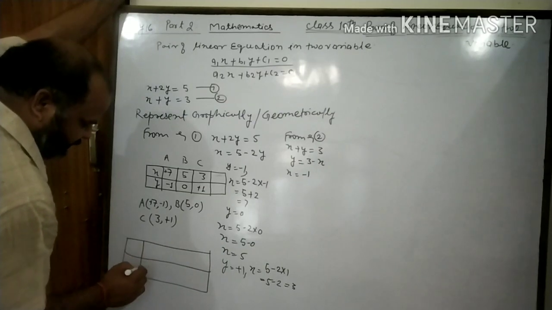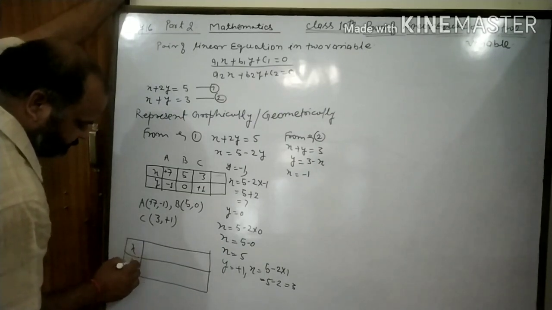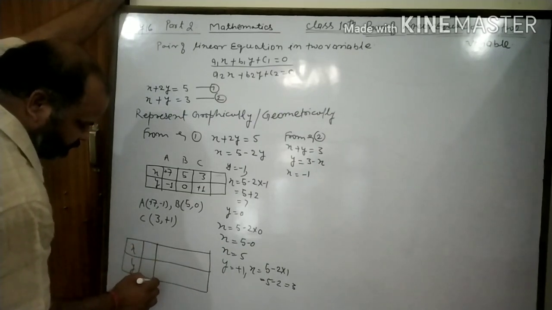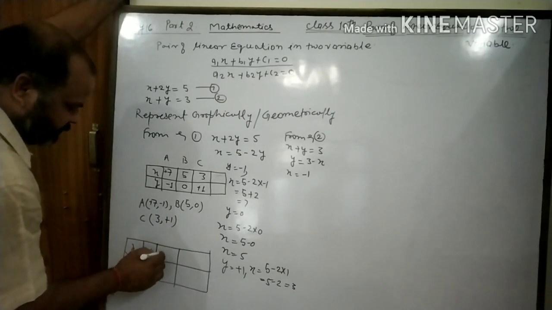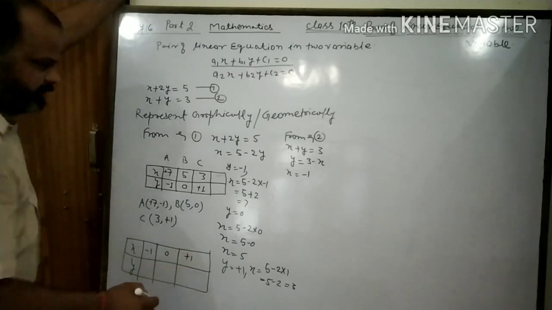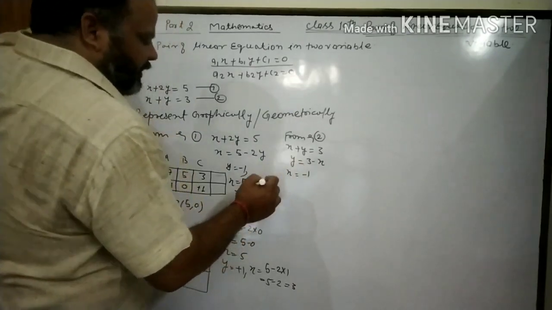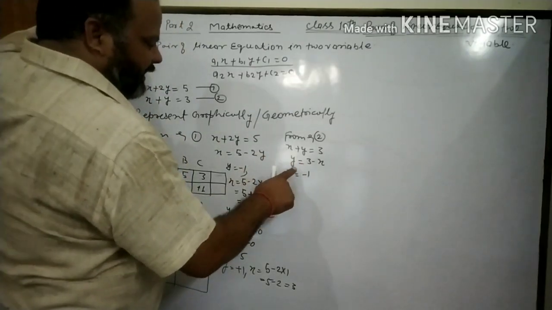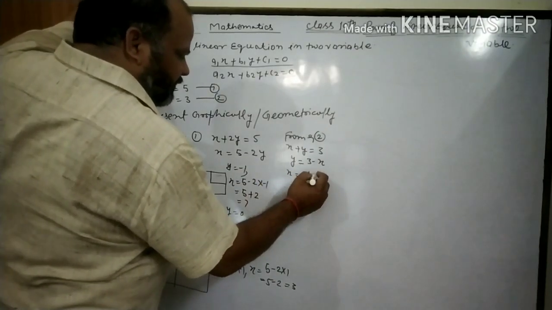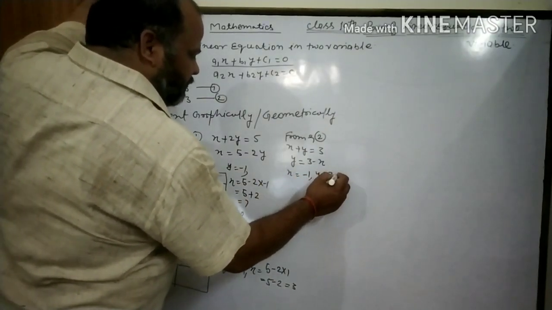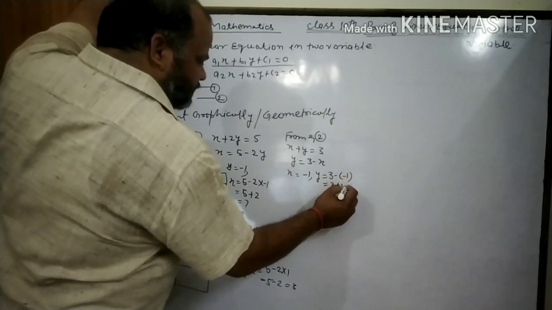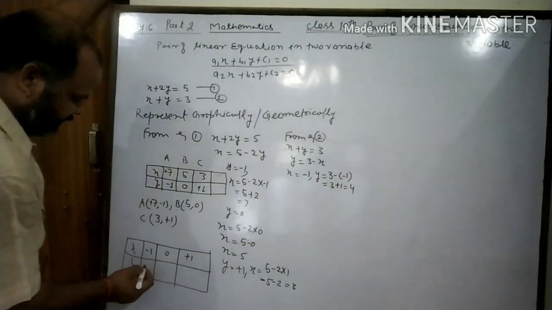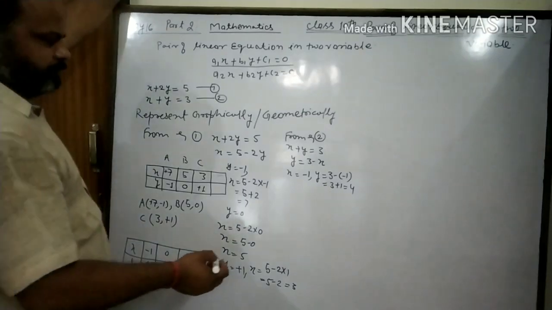This topic is already discussed in class 9th. First -1, 0, +1. Then if you put on the place of x -1, then y is equal to 3 minus -1. Then 3 minus minus, it is 4. Then y is equal to +4.